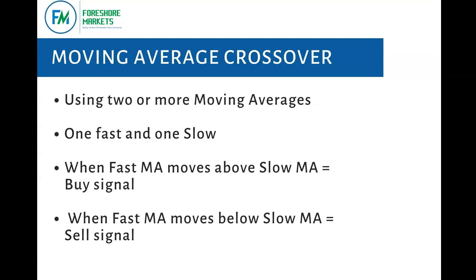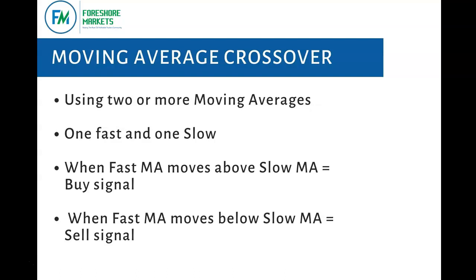For example, if you use a 20 period moving average and a 40 period moving average, the 20 period moving average is the fast one, and the 40 period moving average is the slow one, because the 20 period moving average is calculating the average for a smaller data set, and of course it's going to move faster for little price movement in the market than the 40 period moving average calculation.